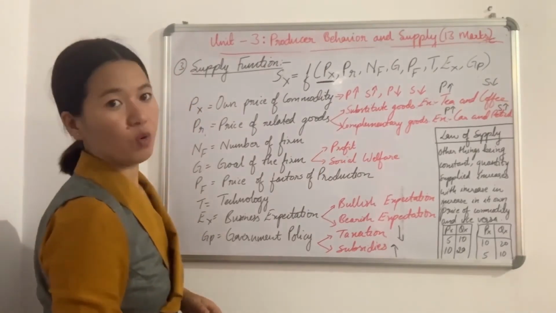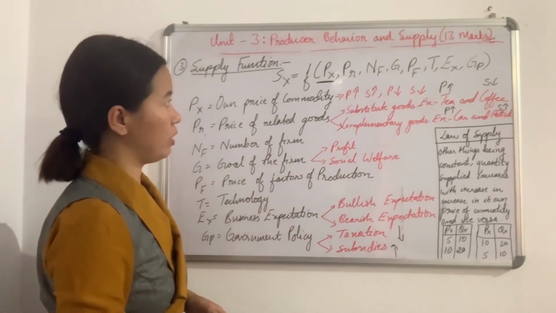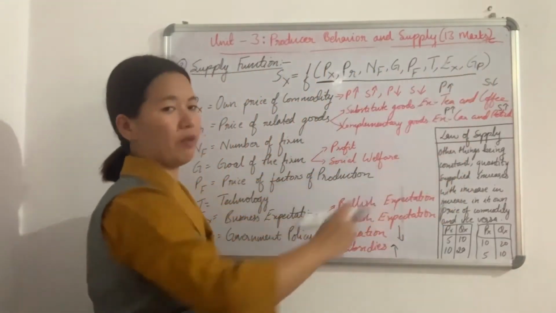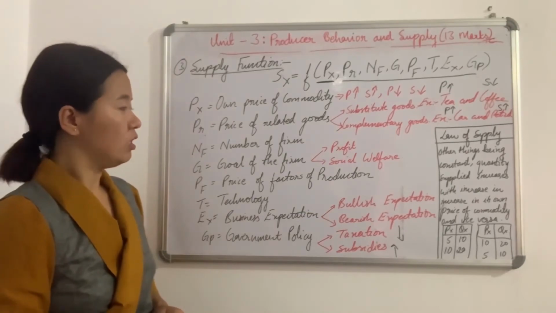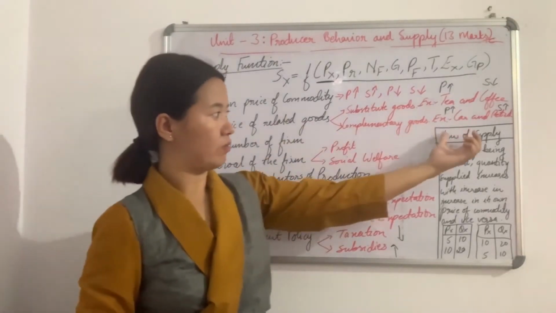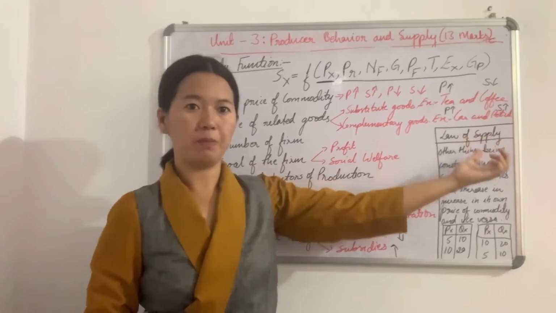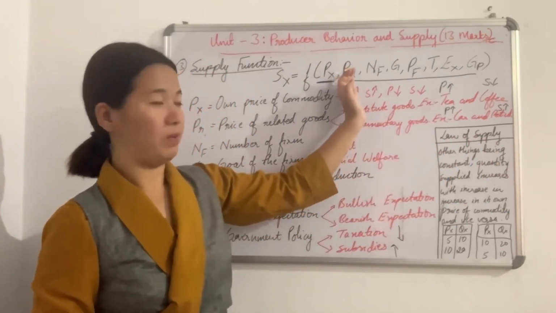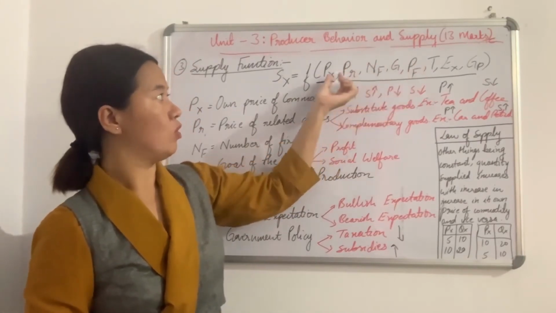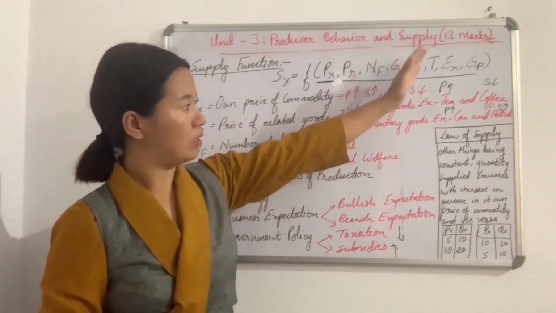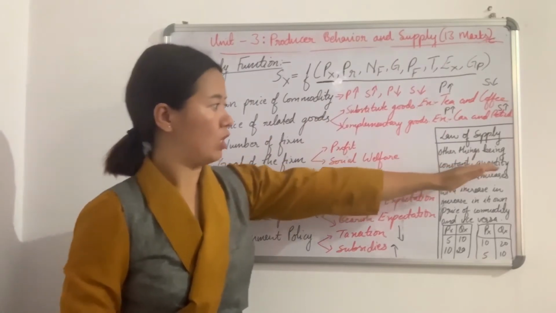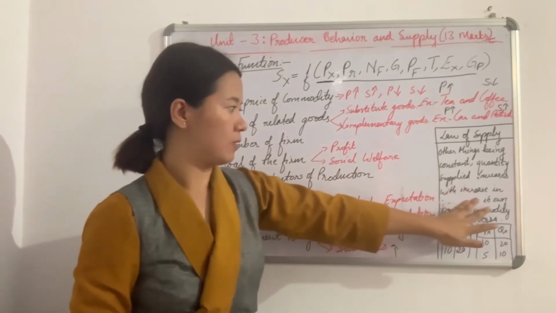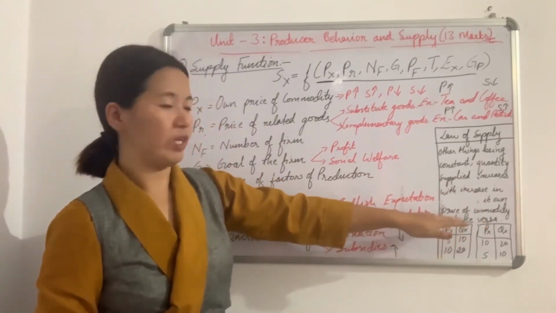First one is own price of the commodity, and these are all together called other factors affecting supply of a commodity. So now let us go through the law of supply. The law of supply states that other things being constant, other things meaning all other factors except own price of the commodity, all other factors remaining constant, quantity supplied increases with increase in its own price, and vice versa.